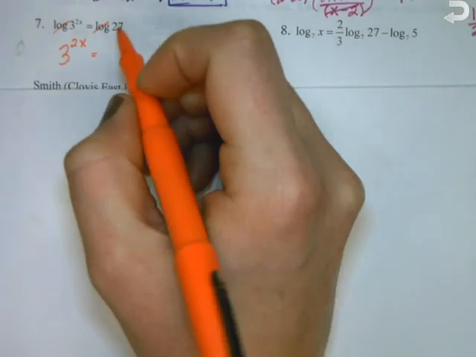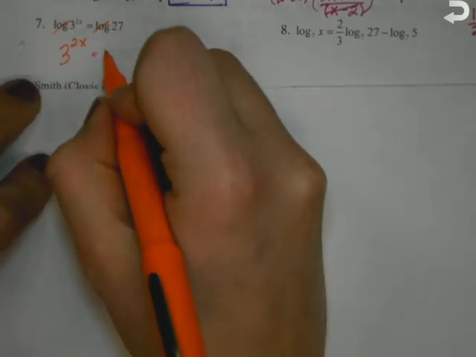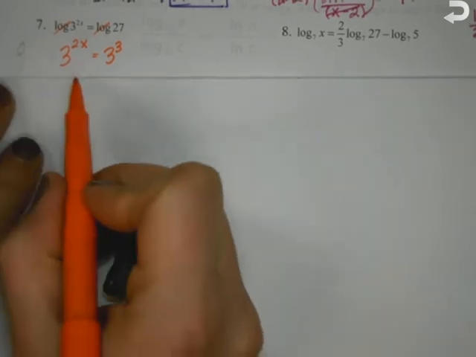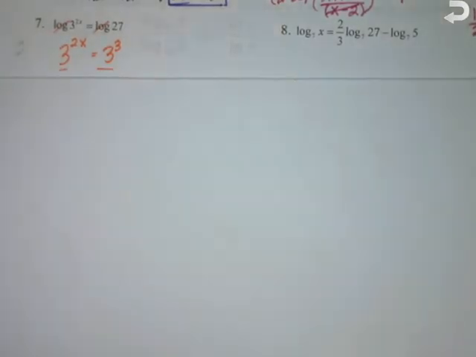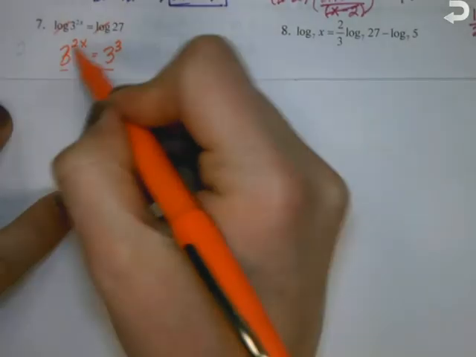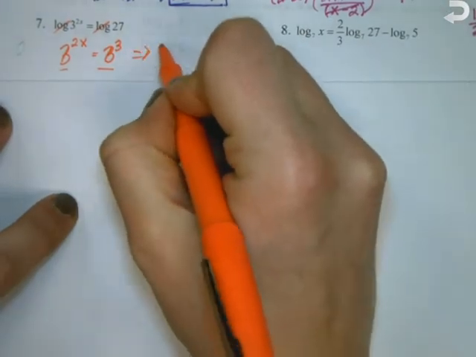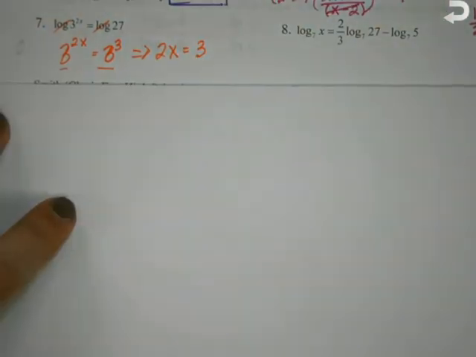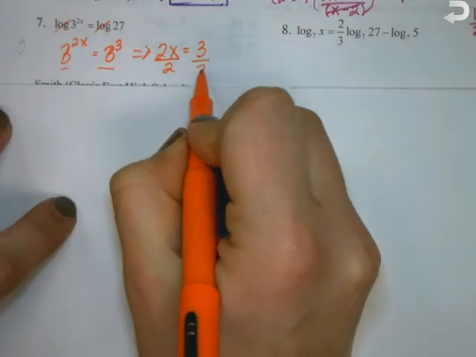Yes. 3 to the 3rd. Okay, so now we have bases of 3, right? Yeah. So I can drop those bases, and I'm left with 2x equals 3. Divide both sides by 2. So x equals 3 over 2.